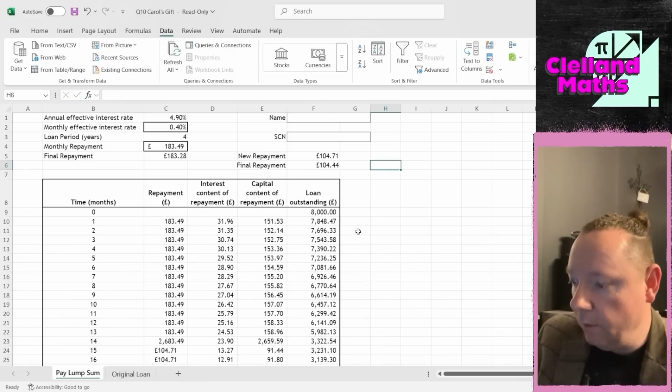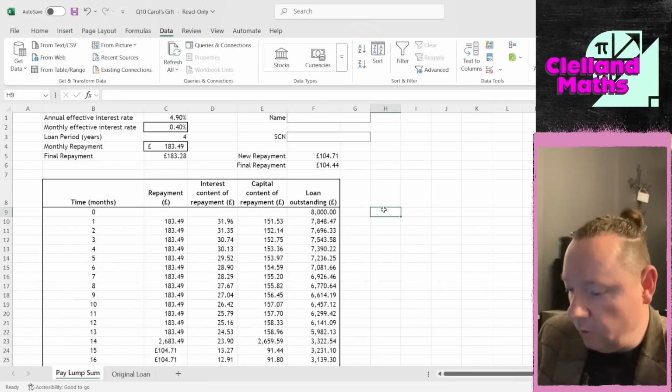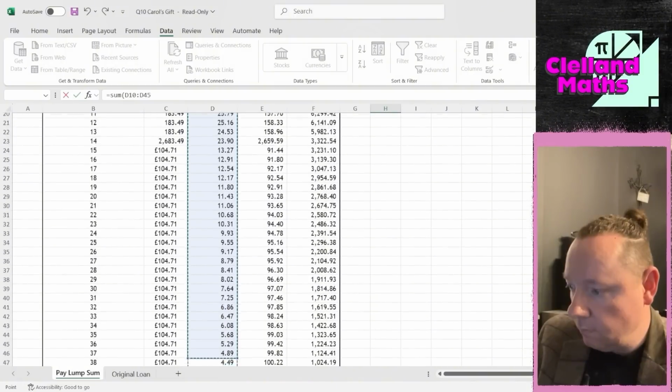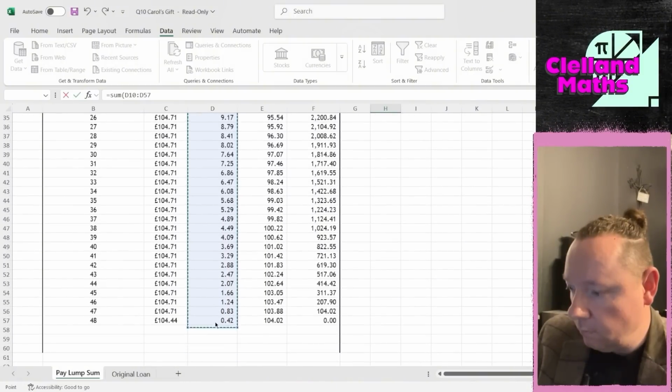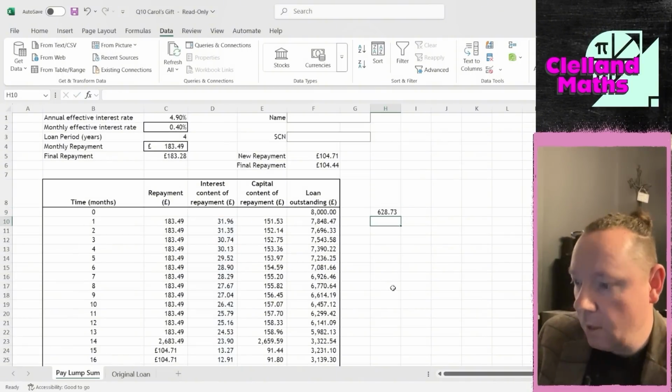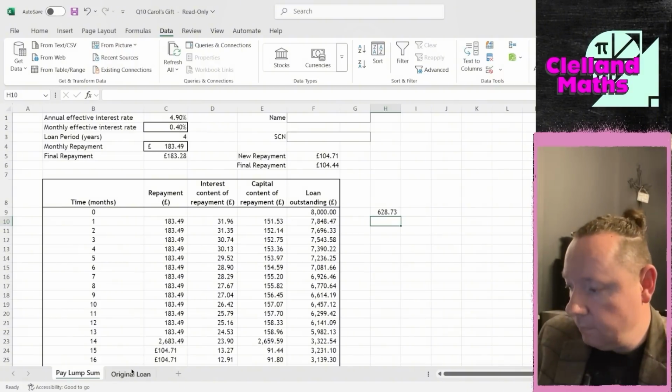And there we are. So now we need to work out the total interest for both of these. So the interest for this one is equal to the sum of all the interest payments. £628.73.